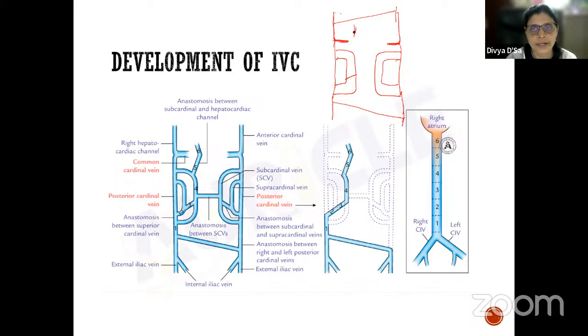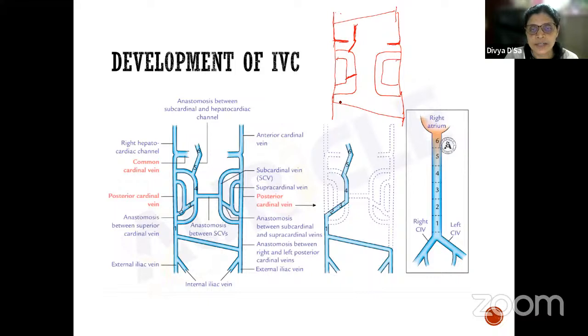The hepatocardiac channel is formed by the vitelline vein. And joining this hepatocardiac channel will be the subcardinal vein through an anastomotic channel. Now, all these are anastomoses.